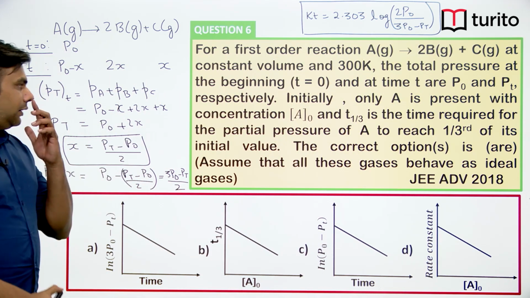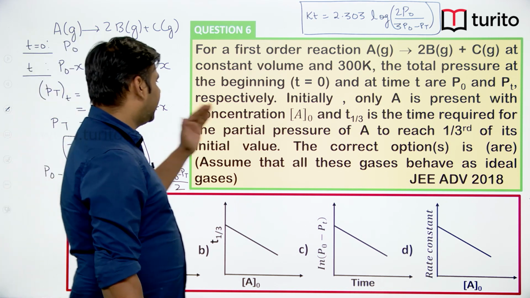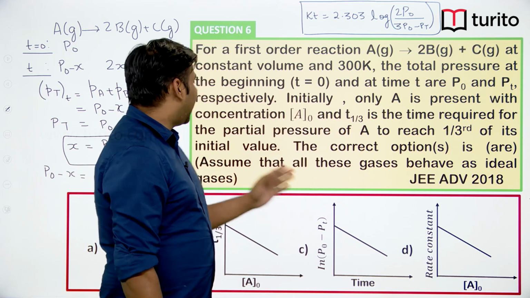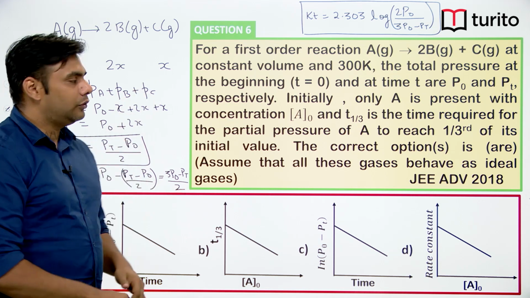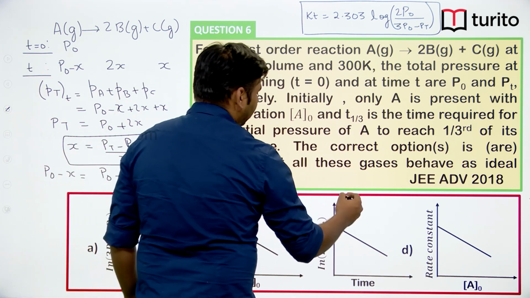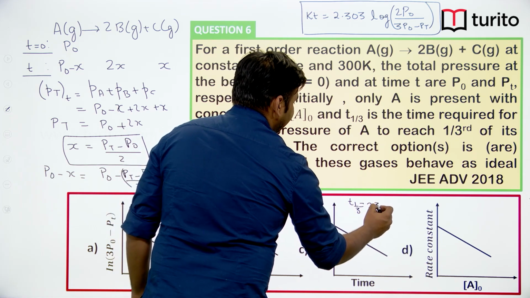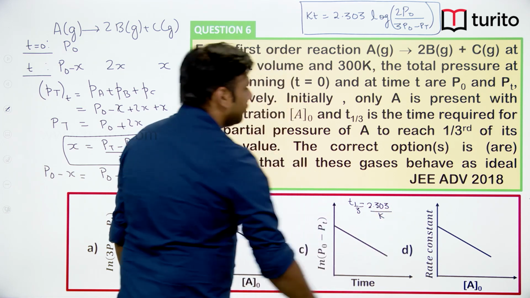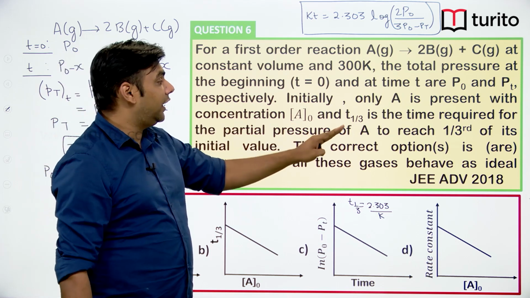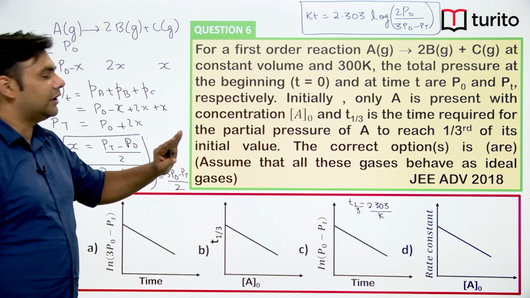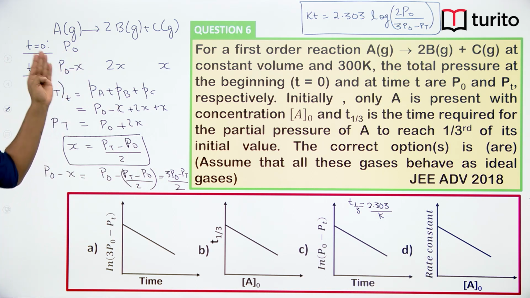Now it is saying that initially only A is present with concentration A naught, and T1 by 3 is the time required for the partial pressure of A to reach 1/3 of its initial value. So if I want to calculate T1 by 3, it will be equal to 2.303 upon K. The initial value was P naught, so P naught minus X should be 1/3 of it.